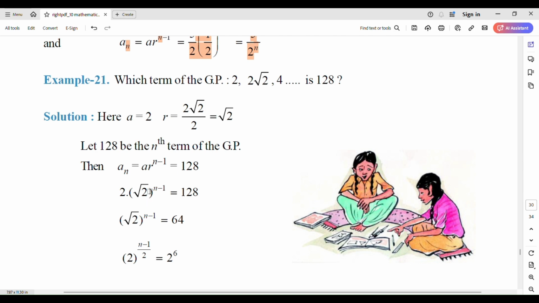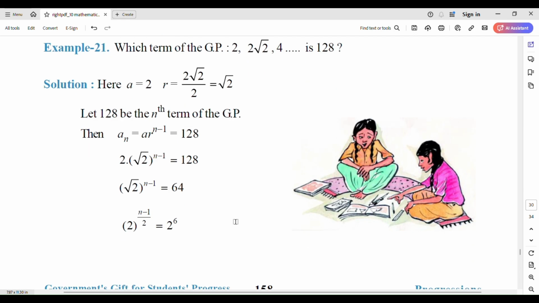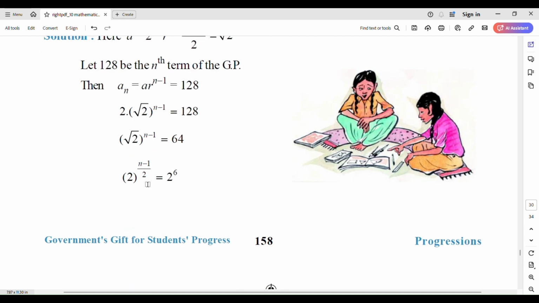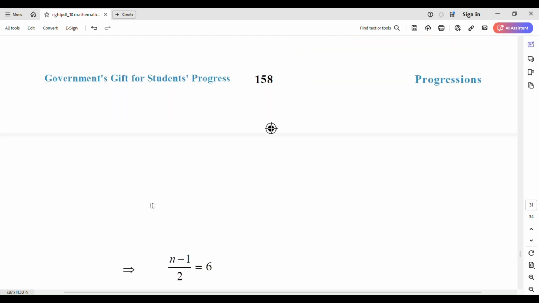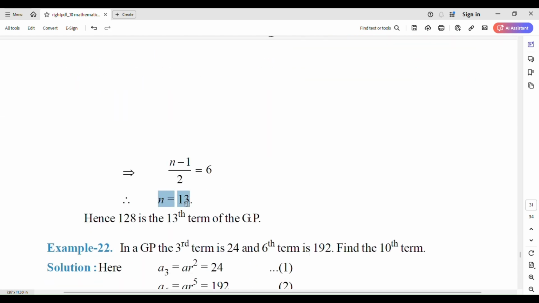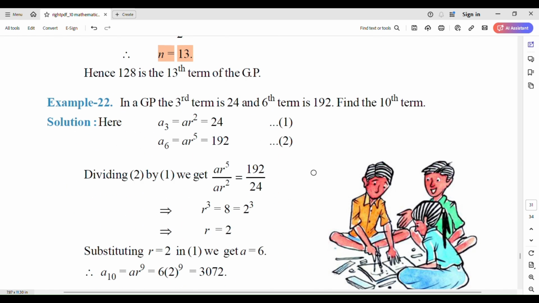So 2 into square root of 2 whole to the power of n minus 1 equals 128. If you simplify, you get n minus 1 by 2 equal to 6, or n equal to 13. So the 13th term is 128 in the given geometric progression. This is another type of problem.